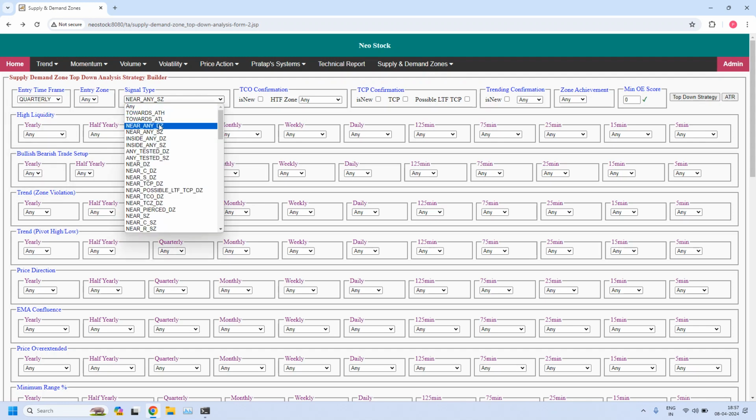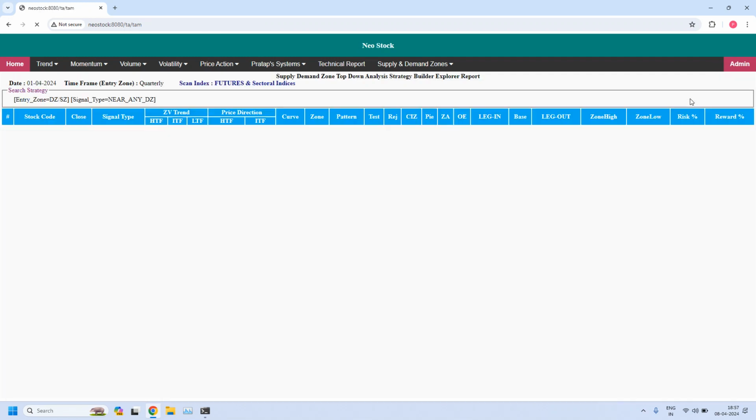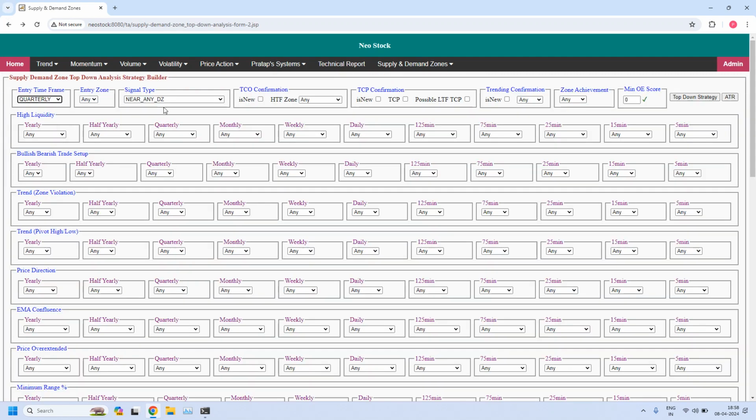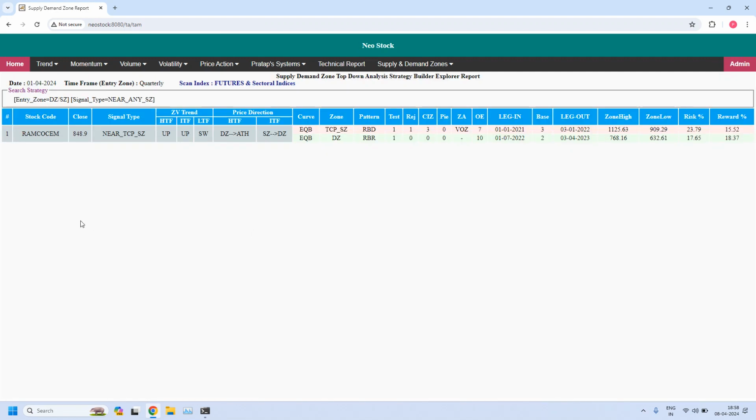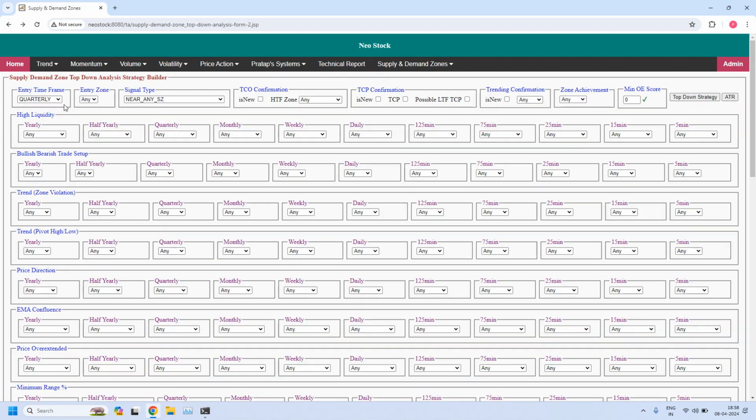And let us find the stocks near quarterly demand zone. No stocks are available near quarterly demand zone. Let me go back. For quarterly time frame, let us find the stocks near quarterly supply zone. Only one stock is filtered which is near to the quarterly supply zone. So let me go back.